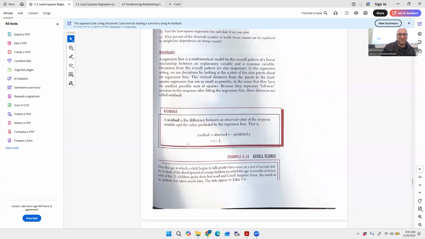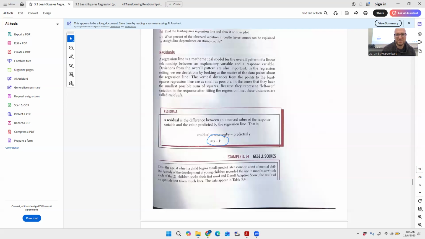So basically, observed minus predicted is residual. Half the residuals will be negative, not 0. If you add up all the residuals, it should be 0, which is why you square them.